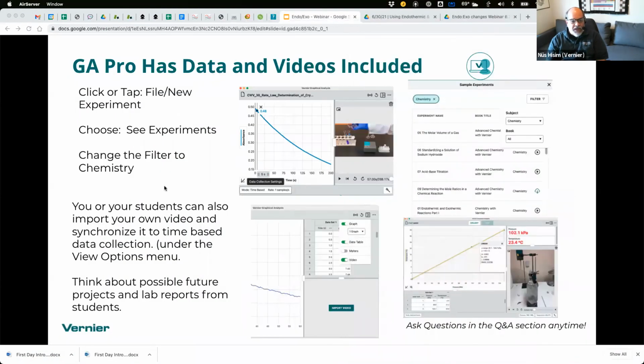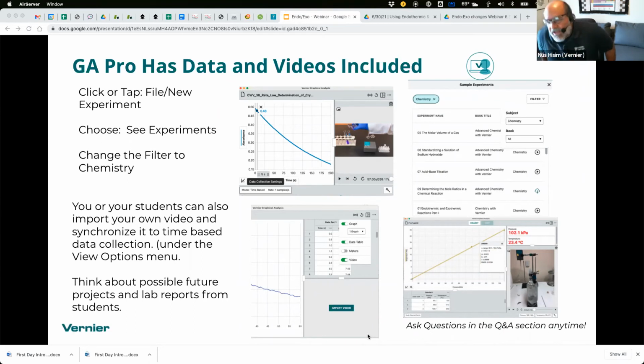Let's see. Yeah, you can also add your own videos to your own data sets. So it's possible to set this up where you've got your own data in there, and then, let me grab a temperature probe here, your students could take a video of themselves collecting data, and they could import it into their data file.